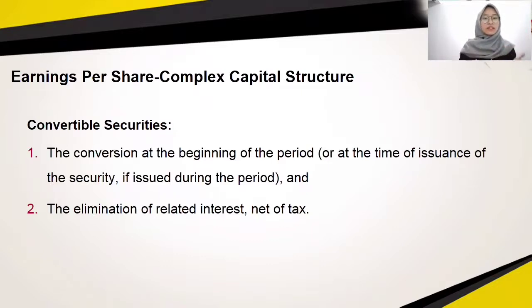Therefore, the conversion of securities will cause an increase in the denominator, that is weighted average shares outstanding, and will increase the numerator, that is net income. And if the conversion rate changes during the period the securities are outstanding, the company uses the conversion rate that reduces the proportion of equity.